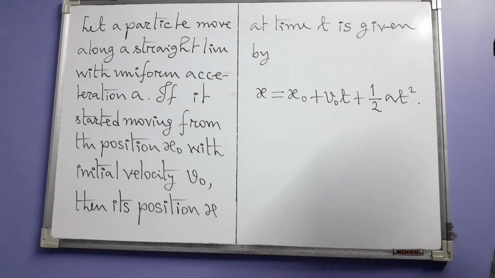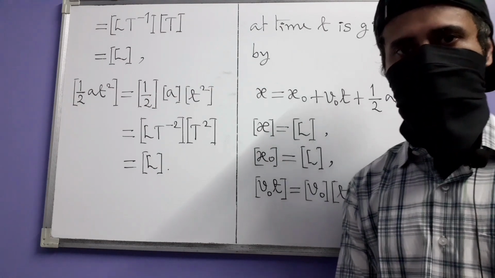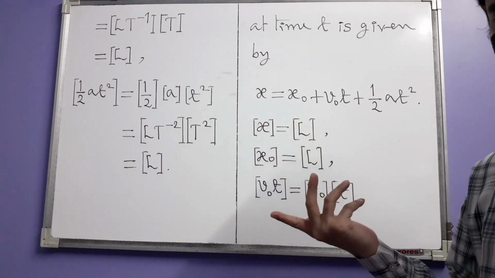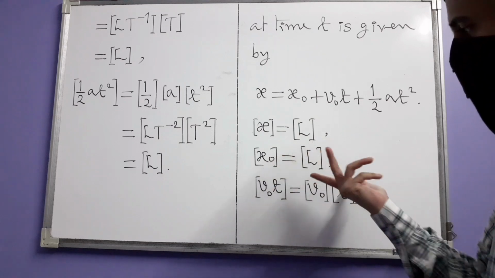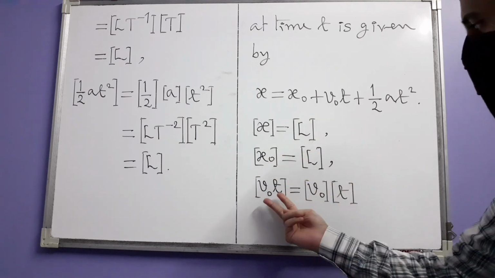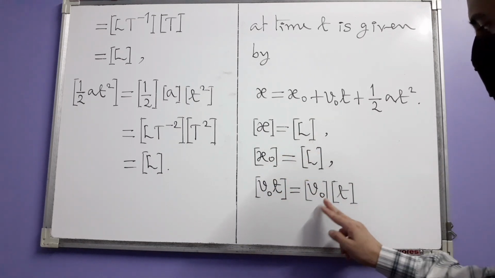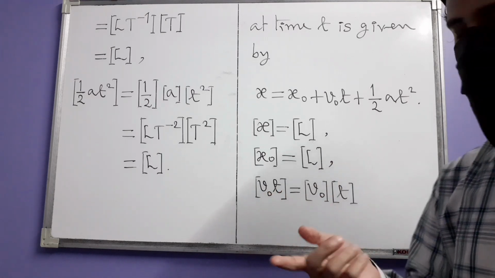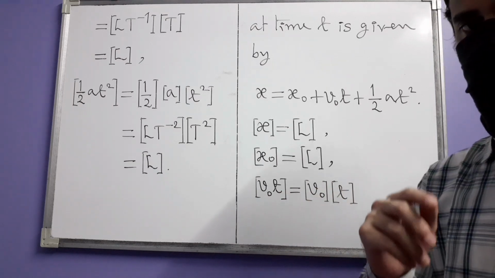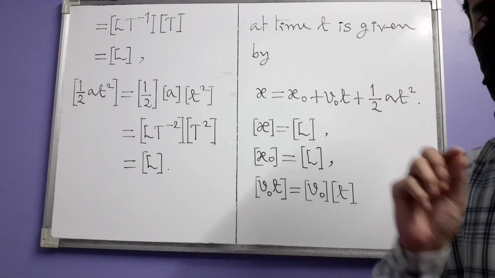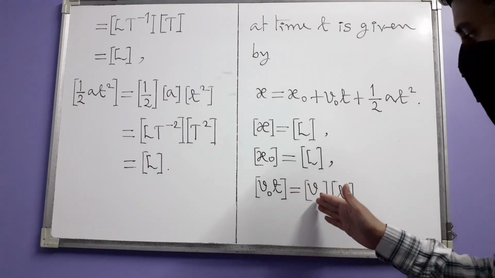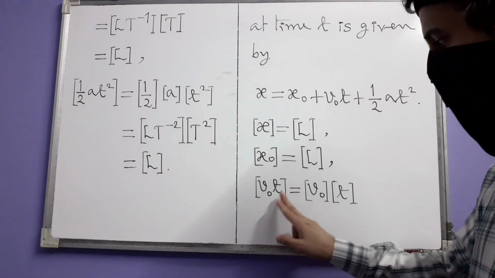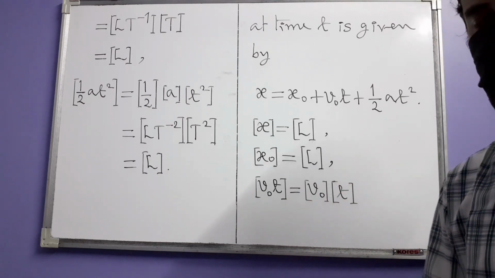Let's check. So we calculate the dimensions of all the quantities involved here. The dimension of x is length. The dimension of x0 is also length. The dimension of v0 t is the dimension of v0 times the dimension of t. When multiplication and division are involved, you treat the quantities as if they are algebraic symbols, so if the quantities are multiplied, then you multiply the dimensions.